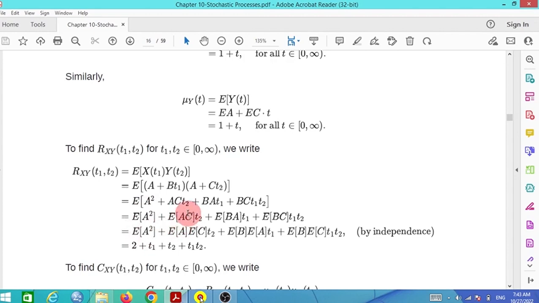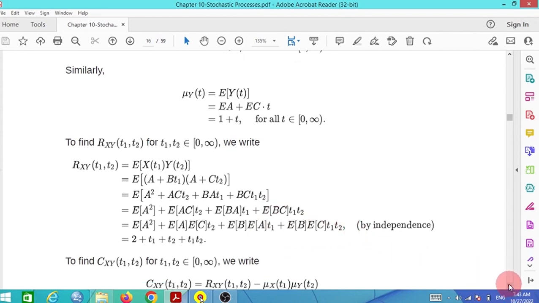A and C are independent, so the expected value of the product equals the product of expected values. B and A are independent, so the expected value of the product equals the product of expected values. And similarly for B and C.